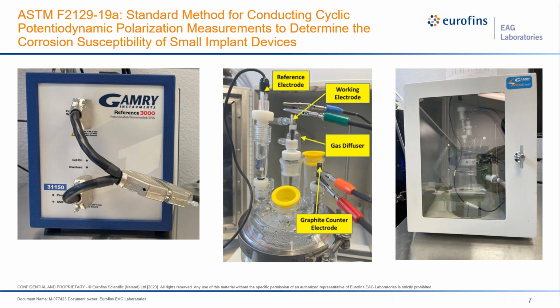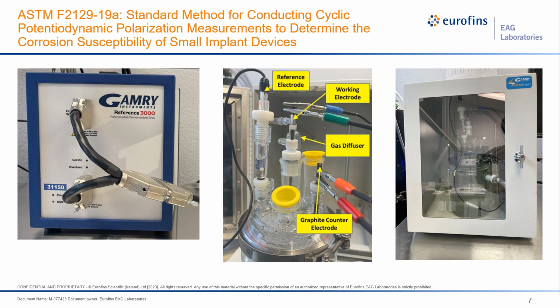In accordance with the 2019 version of ASTM F2129, the most current version, the cyclical potentiodynamic polarization test specifies that a specimen be exposed to a specific solution comparable to the environment of the human body that the medical device will be implanted in. The most common testing solution is phosphate buffered saline solution, also known as PBS, which mimics blood plasma.